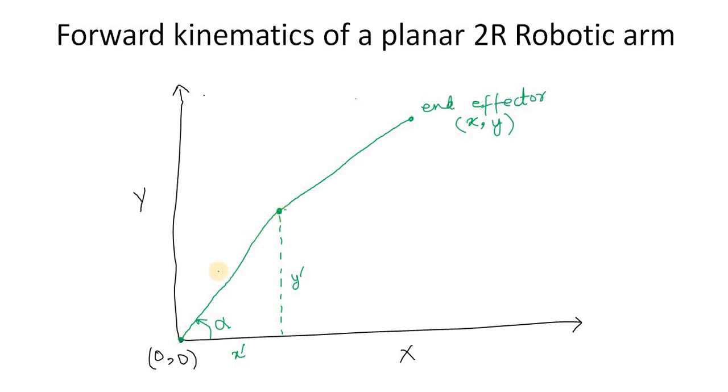So this is link 1, we call it L1, and this is link 2. The angle is alpha, and here we also define the x and y coordinates of this point, and this we call x double dash and y double dash.